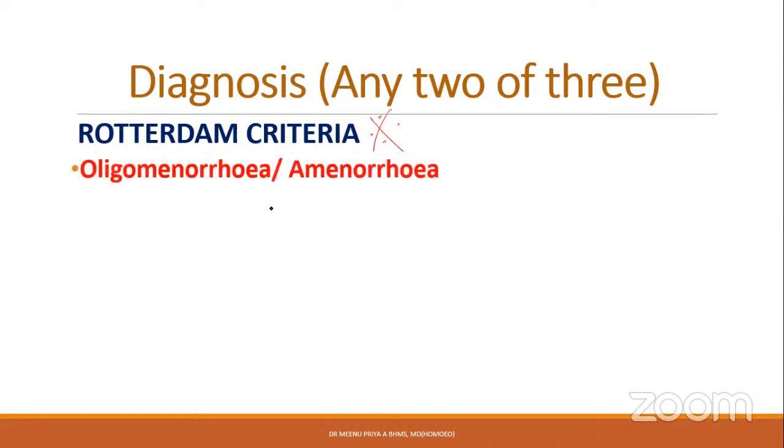So the Rotterdam criteria: oligomenorrhea and/or anovulation. It is usually anovulatory cycles in PCOS, that means ovulation is not occurring.